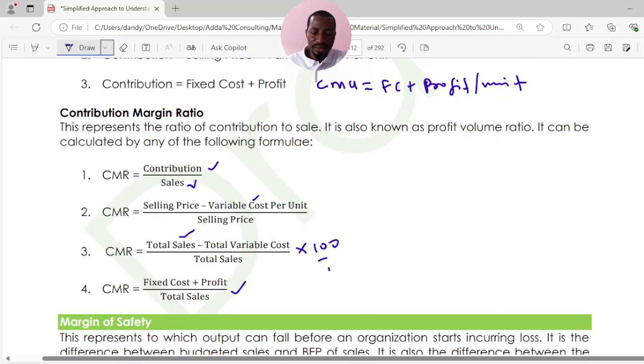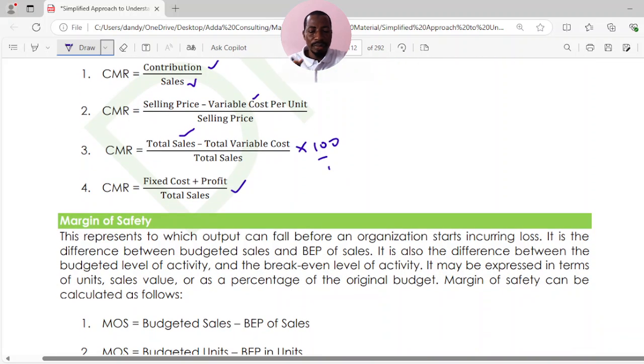The margin of safety is the level of output that can fall before an organization will begin to incur losses. What is the degree of fall in output before a company will begin to incur losses? That is what margin of safety wants to achieve.